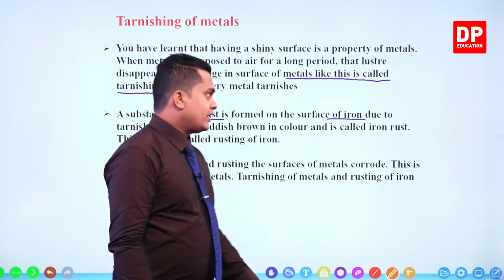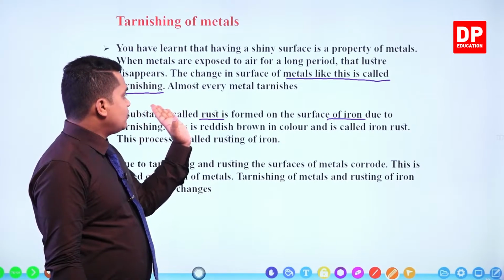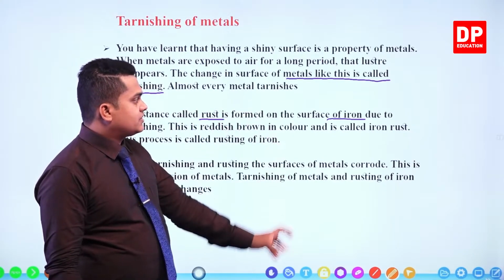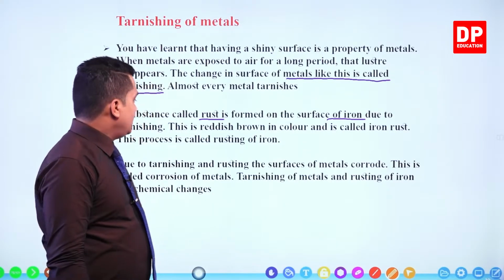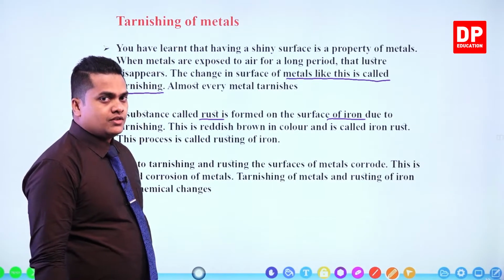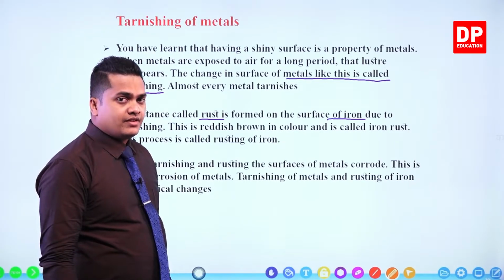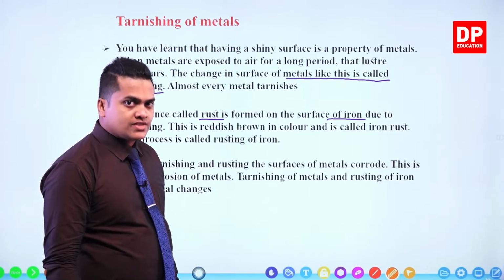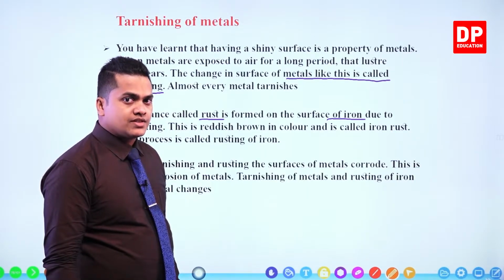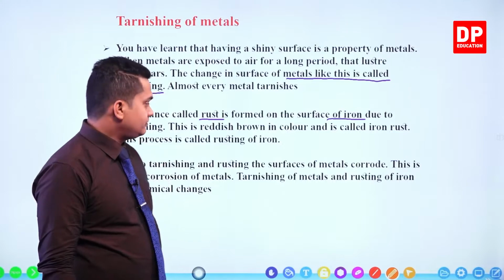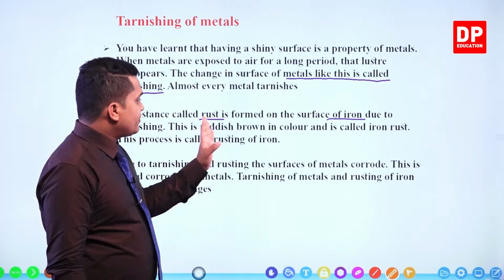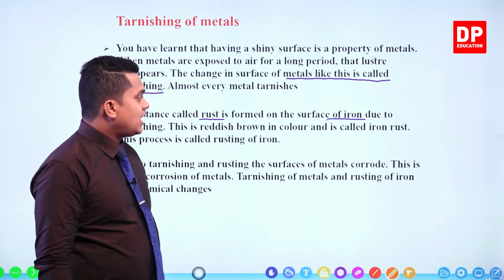So my dear children, the substance called rust is formed on the surface of iron due to tarnishing. If iron tarnishes, we refer to that as iron rust, a special term. This is reddish brown in color.